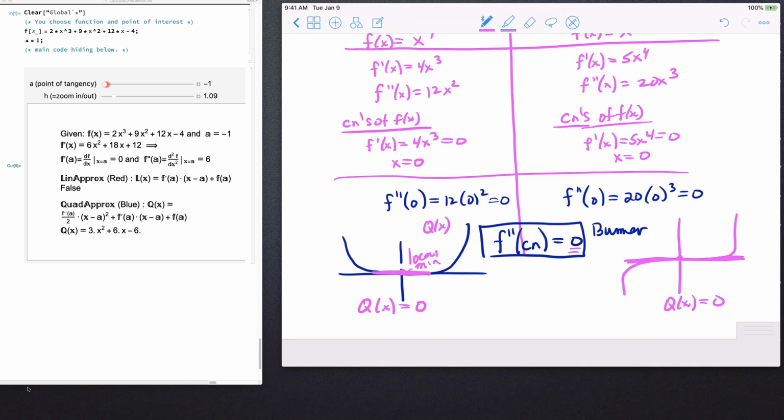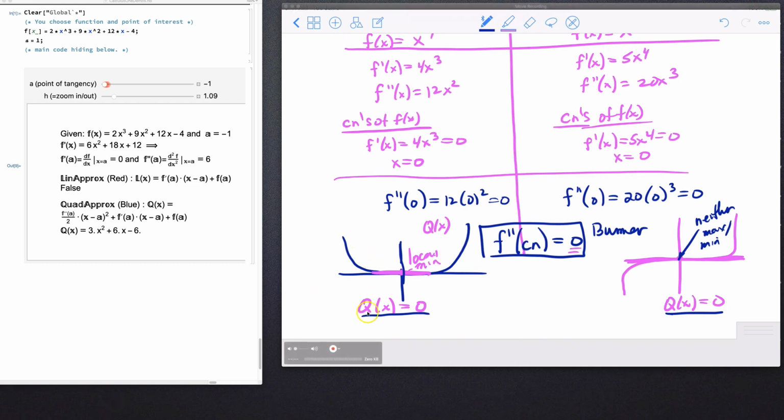So you know that there's a local minimum for x to the fourth, but the quadratic approximation is 0 in both of these cases. This one is neither a max nor a min. So the second derivative equaling 0 is not enough to distinguish whether there is a maximum or minimum, because in both cases the second derivative is 0, but these functions do very different things.